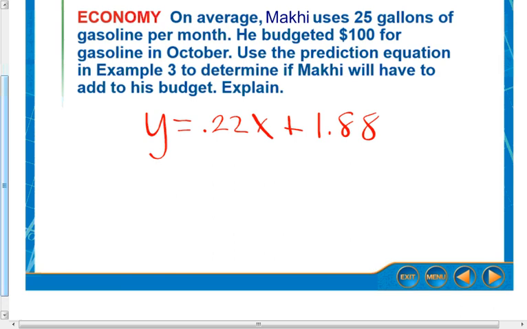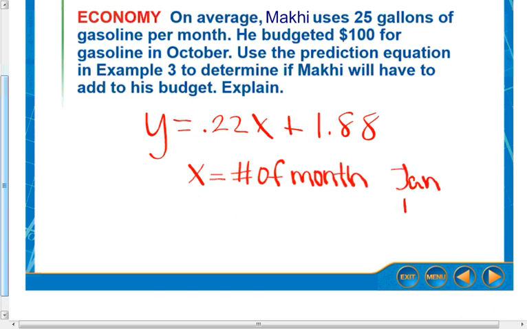Now remember, x referred to what? X was the number of the month. Let me explain, like January was 1, February's 2, that type of thing, right?